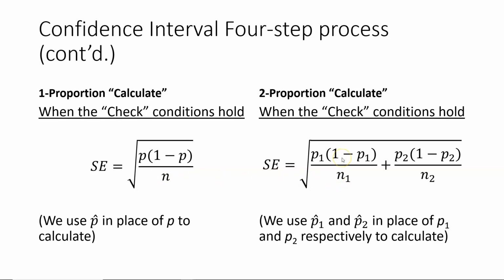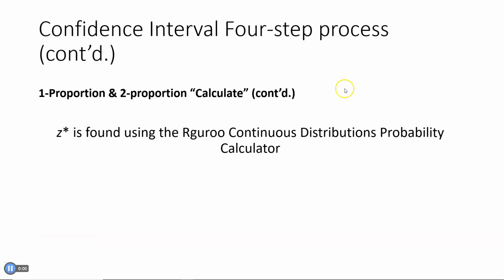The only difference being that we have to take into account the fact that there are two populations at play. So there's a piece that has the first population proportion involved in the formula, and then the similar kind of formula with the second population proportion. In both of these formulas, we substitute sample proportions in place of the population proportions to perform our calculations.